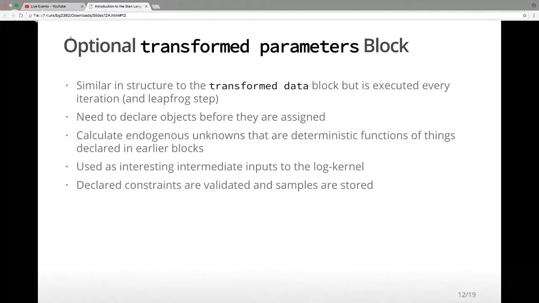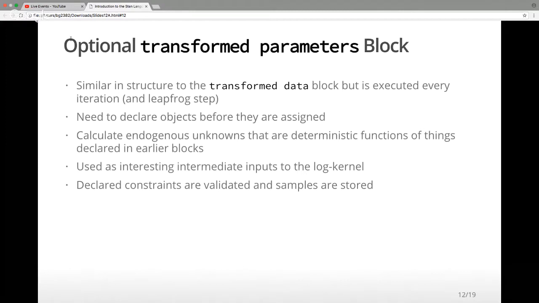So it's going to be executed not only every iteration, but every leapfrog step of the Hamiltonian Monte Carlo thing within each iteration. And so the number of times that the kernel function gets evaluated could easily be like 1,000,000. And the transformed parameters block is going to be executed each of those 1,000,000 times.